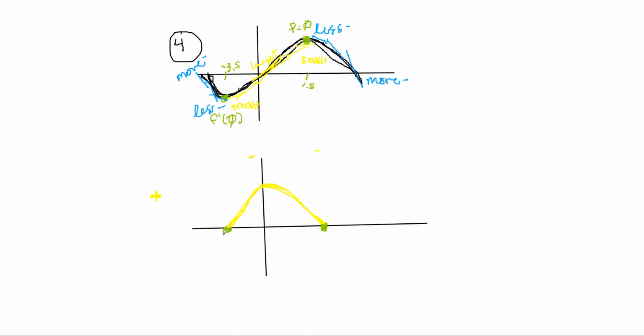So it's going to be less negative here, and then more negative down there. And it's going to be less negative and then more negative. So yeah, that's what it looks like.